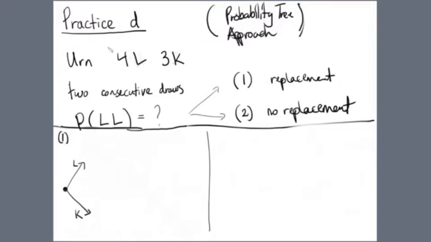Well, there's 4 purples and there's 7 possible draws, so 4 over 7. And what's the chance of drawing a pink on the first draw? Well, it doesn't matter because we're not going to go down this path on the tree, because we know our first draw is a purple, so this is the only pathway that we really care about.